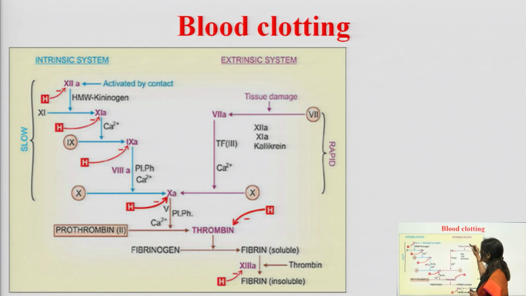This flow diagram shows how clotting occurs. There are two pathways, the intrinsic pathway and the extrinsic pathway. This whole flow diagram shows how one clotting factor activates another, and this cascade of clotting factors results in blood clotting, that is, in the formation of fibrin threads, that is the clot. The intrinsic system is present inside the blood vessel.